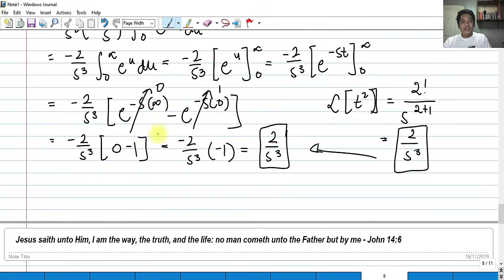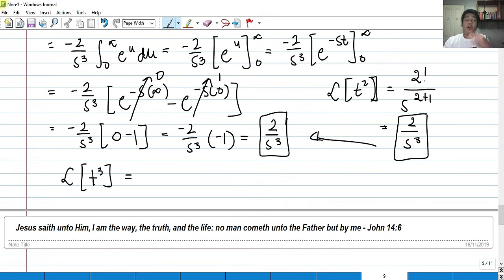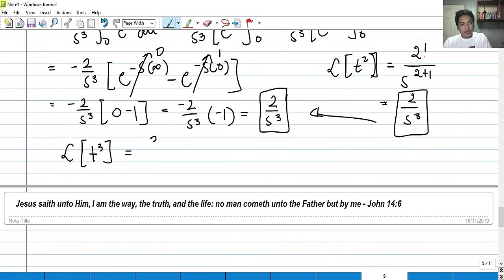Again, if we get the Laplace of t cubed, if we perform the long method by integration by parts or simply by table, we have 3 factorial over s raised to 3 plus 1. 3 factorial is 1 times 2 is 2, 2 times 3 is 6. So that would be 6 over s raised to 4.